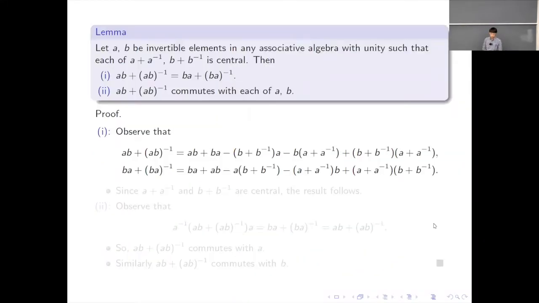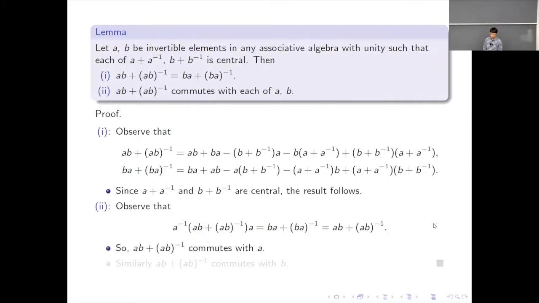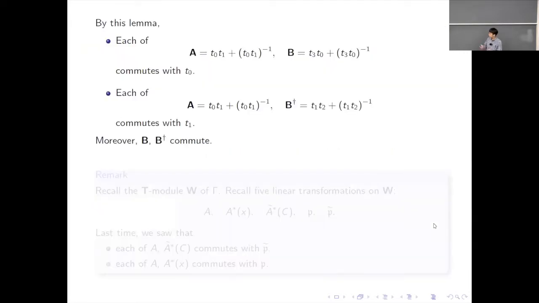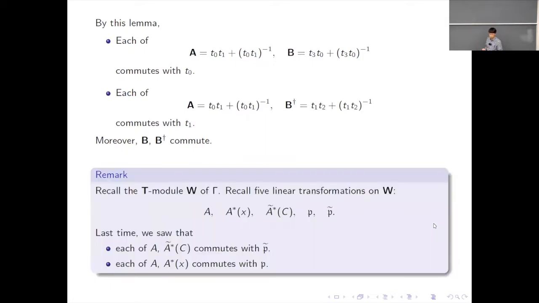The reason why I mentioned this commutativity is that this phenomenon is actually very familiar to us, because when we discussed last time the T module W, we saw five linear maps on W: A, A star tilde, P and P tilde. And we saw each of A and A tilde star commute with the projection P tilde.